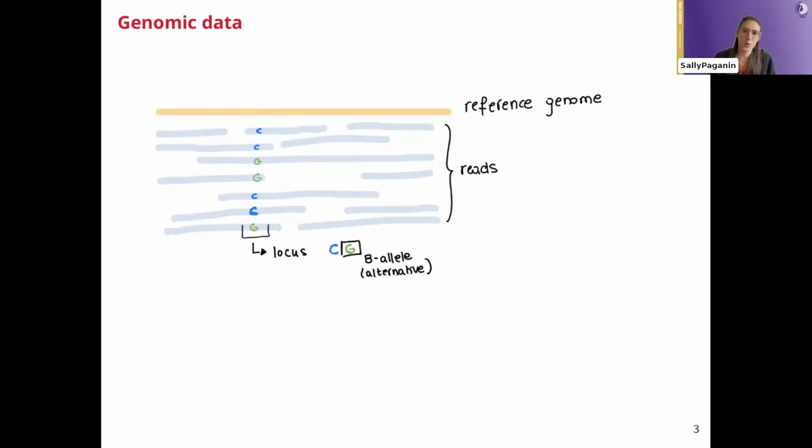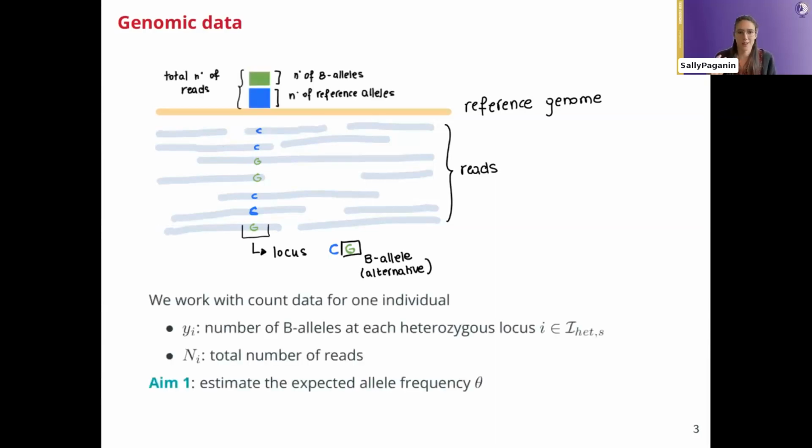If it's the same, we're going to call it the reference allele. If it's different, we're going to call it the B allele or alternative allele. And we're going to keep track of the counts of the B alleles and the number of reads. Our first aim with this data from one individual is to estimate the expected allele frequency.